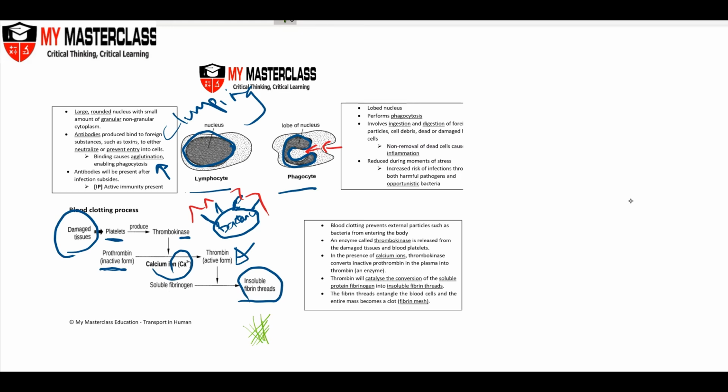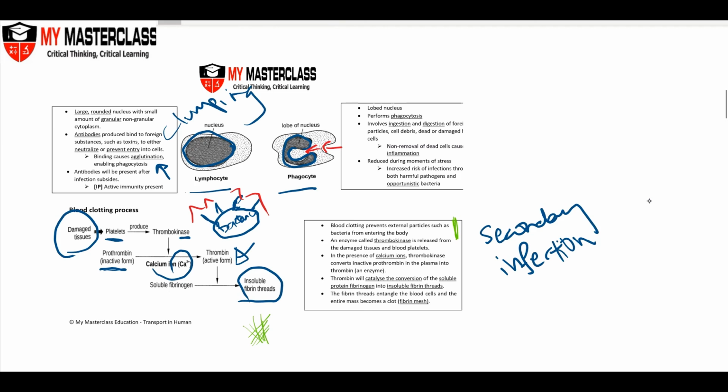You will see this mesh over the injured component. What is the purpose of this? It is to prevent the bacteria from entering into the body system. When they prevent it from entering, it will prevent what we call a secondary infection. A secondary infection means an infection that is different from the primary infection.